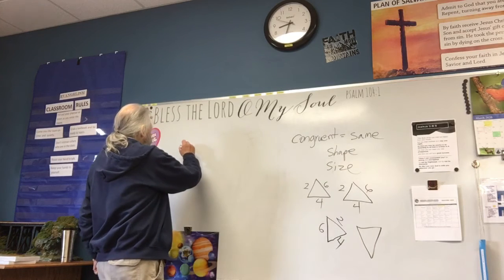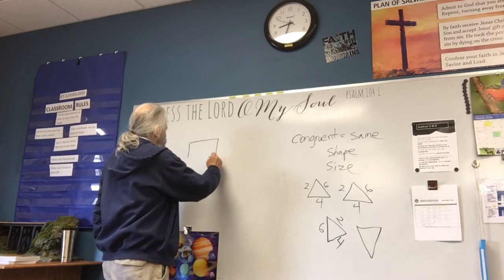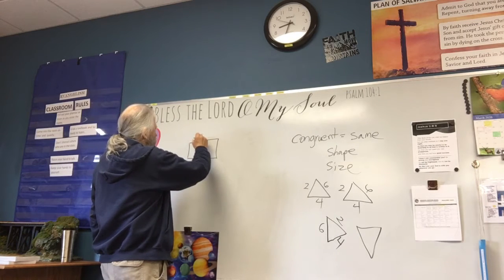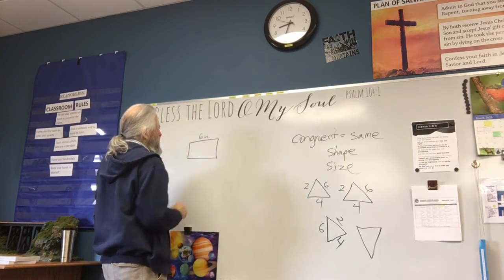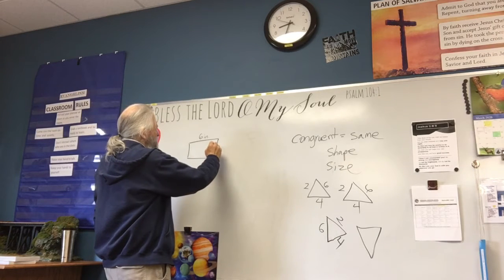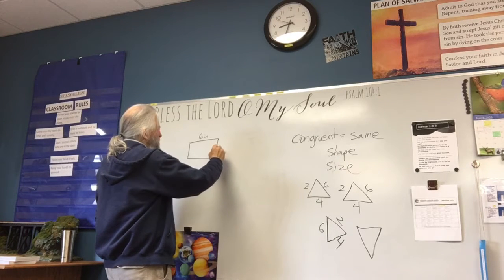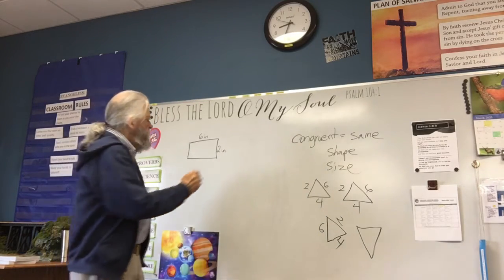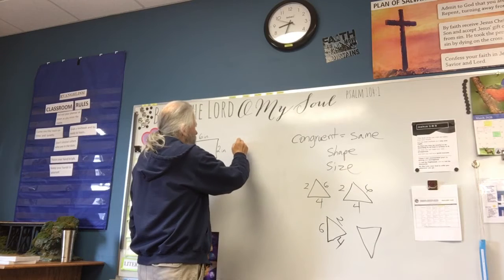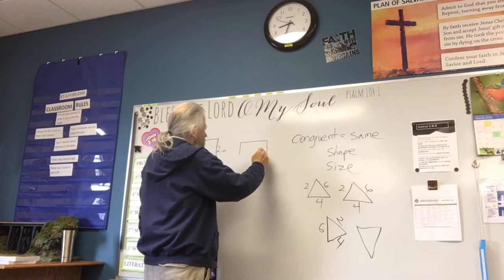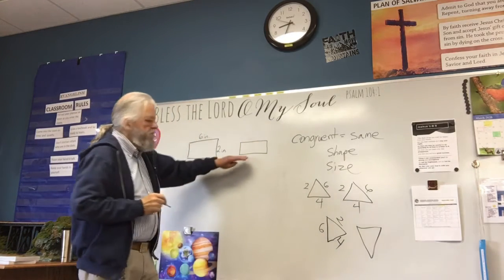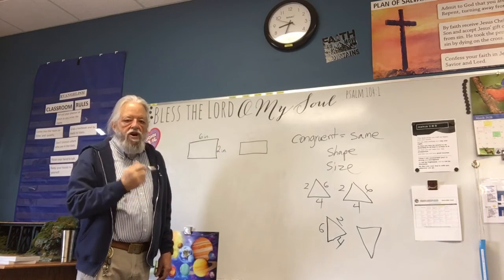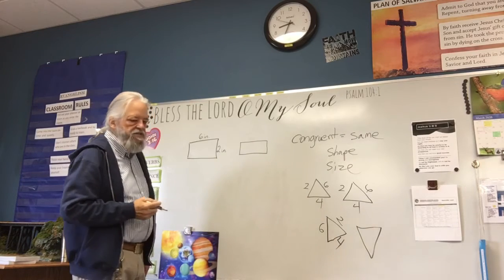So if I had a rectangle and it measured 6 inches on the long side, and it measured 2 inches on the short side, all right? And I had another rectangle. Notice from this drawing, it's not just my inability to draw things, it is actually a different size.